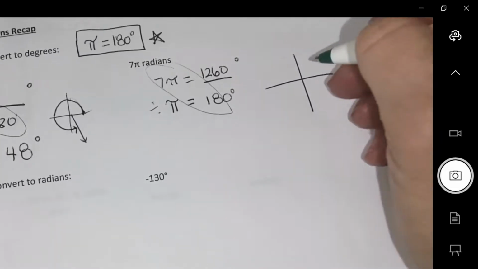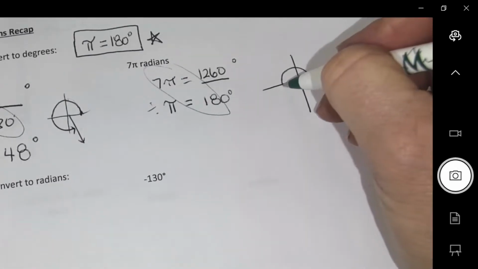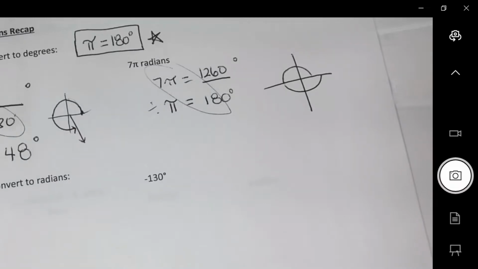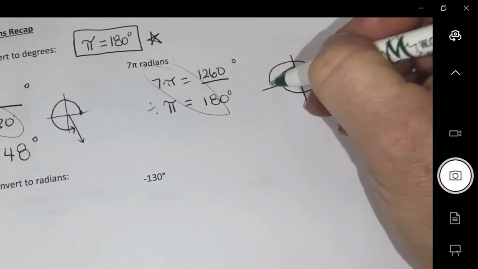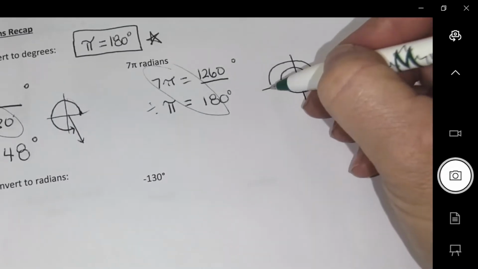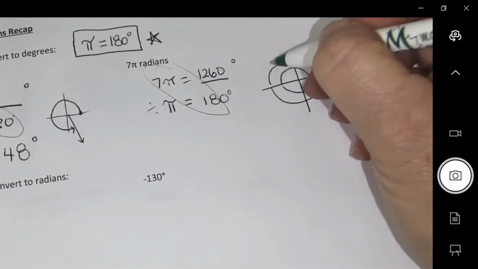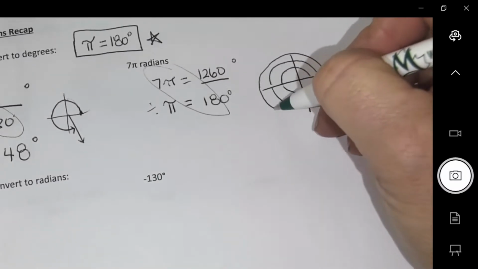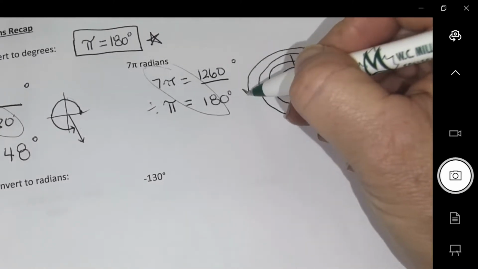Okay, 1 pi is there. 2 pi, right? I'm going to continue this. 3 pi, 4 pi, 5 pi, 6 pi, 7 pi.